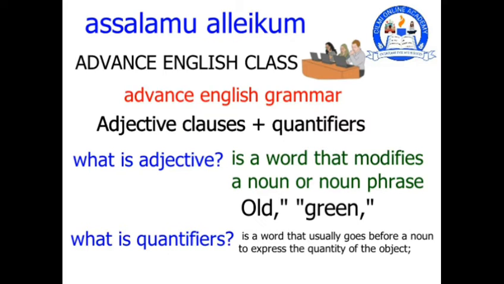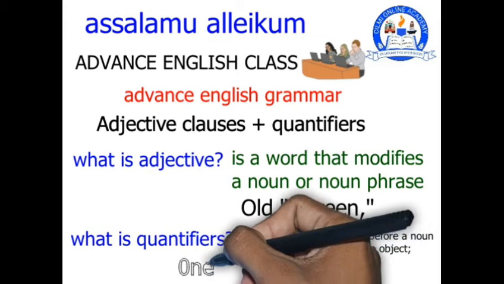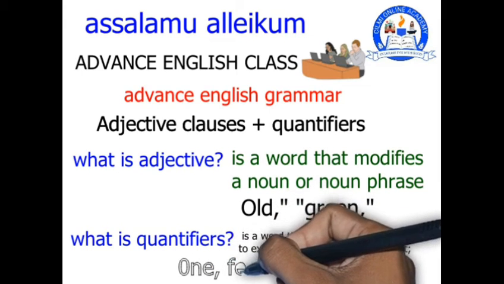Similarly, we can say these are words that express the quantity of the object. Let me give you an example. I have 3 pens. 3 is a quantifier because it is expressing the quantity of the object that I have.